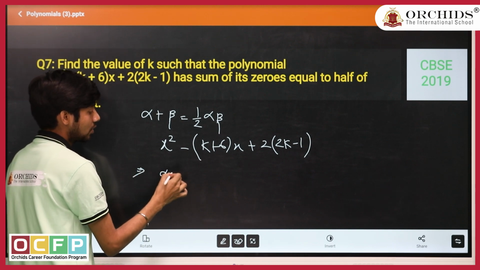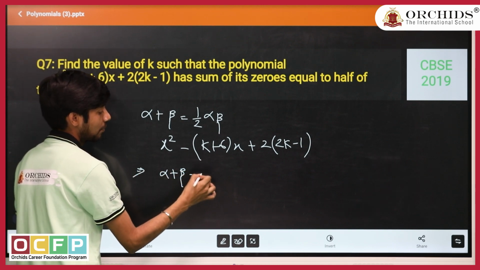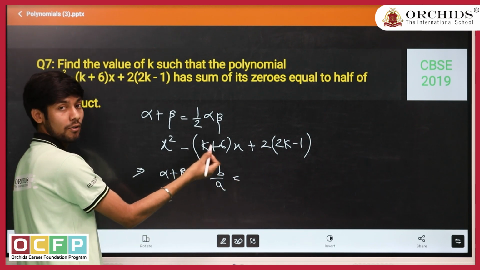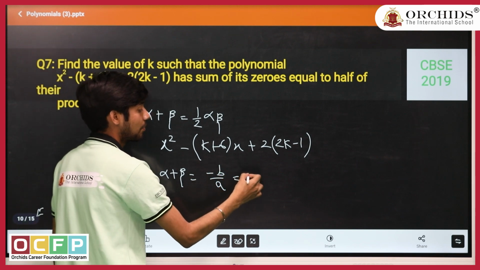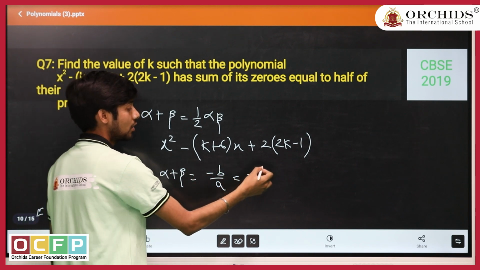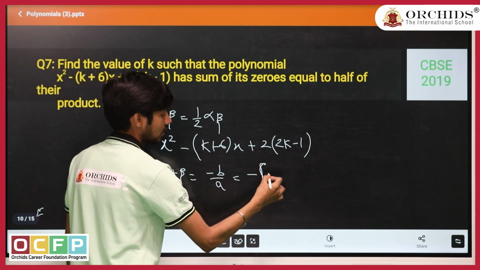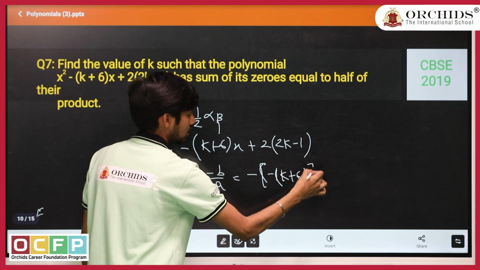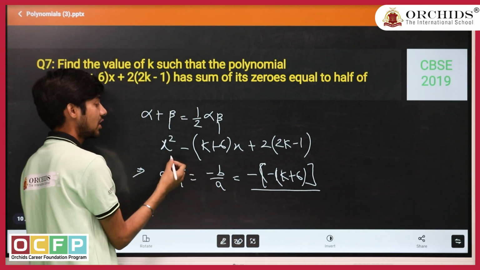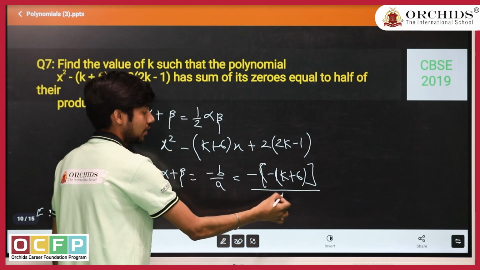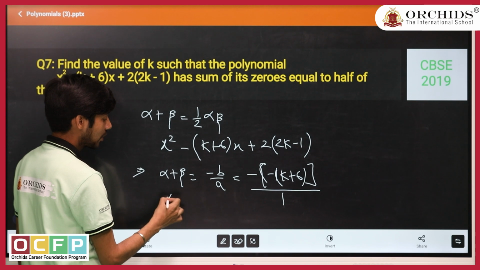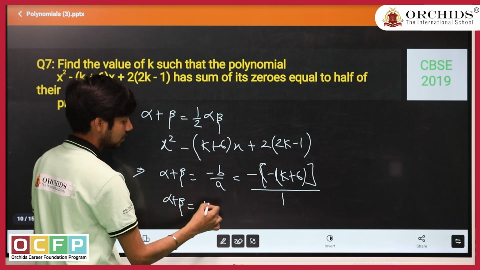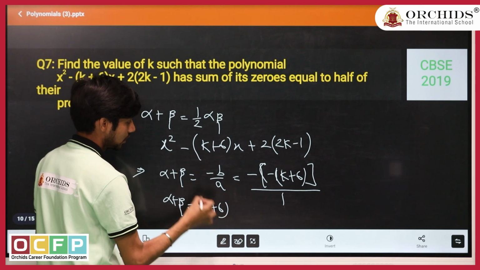We know that alpha plus beta is equal to −b by a, and here b is the coefficient of x, that is −(k + 6), this is a formula, and a is the coefficient of x², that is 1. So alpha plus beta we are getting −(−(k + 6)), it is equal to k + 6.